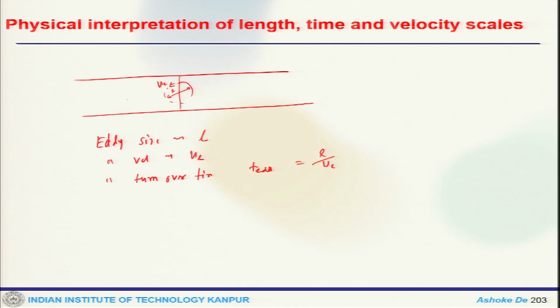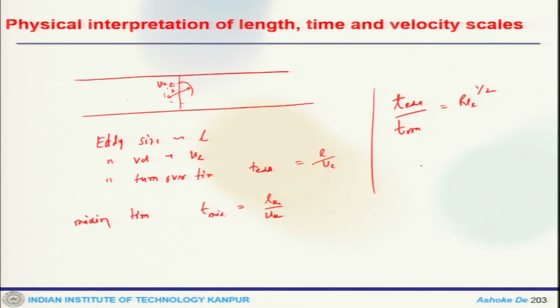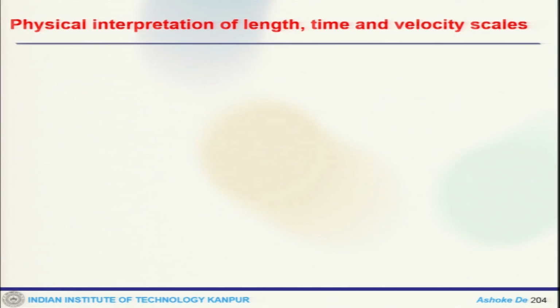The mixing time, T mixing, would be LK by UK. Then we can find that TAD by T mixing is Re L to the power half, where LK is eta and UK is U eta. That means the Kolmogorov length scale.